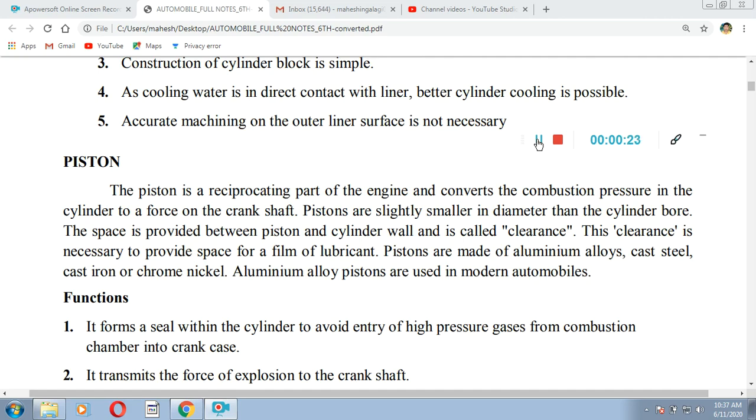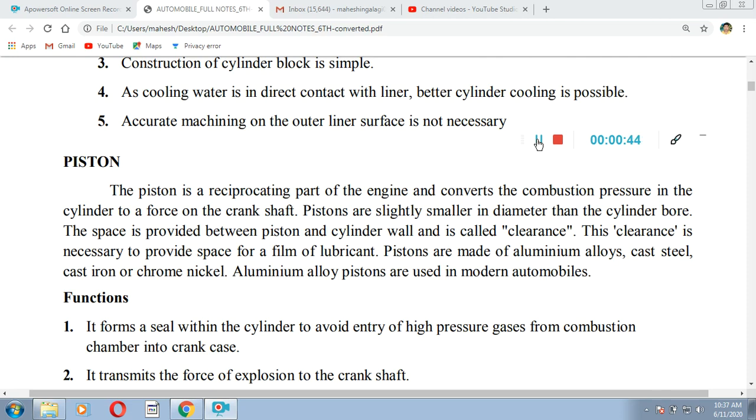The piston is a reciprocating part of the engine and converts combustion pressure in the cylinder to a force on the crankshaft. The pistons are slightly smaller in diameter than the cylinder bore. The space provided between the piston and cylinder wall is called clearance.